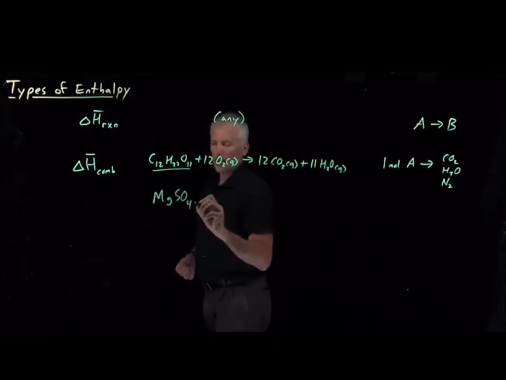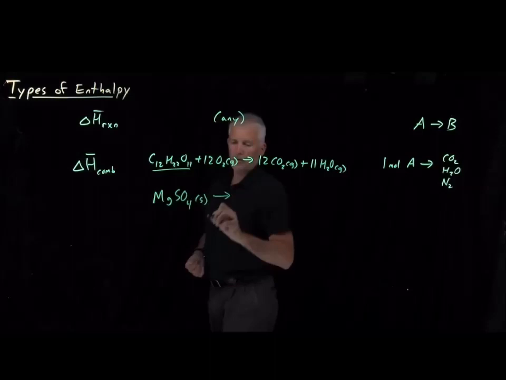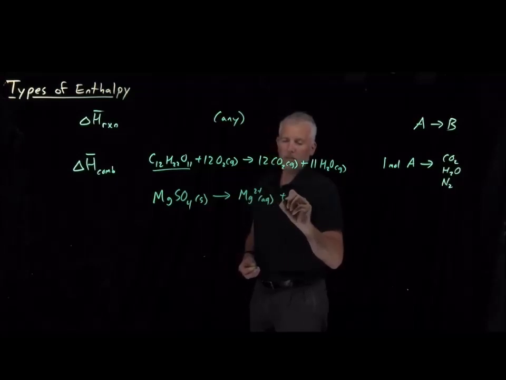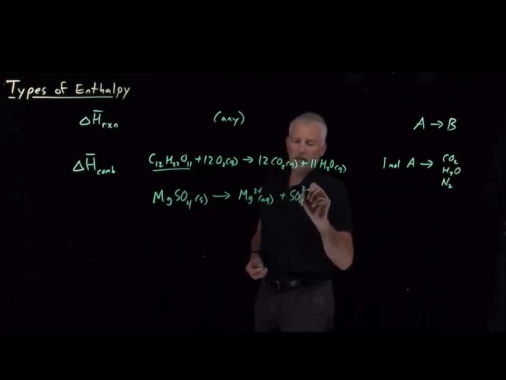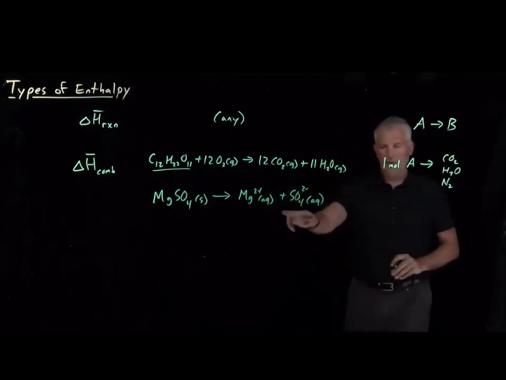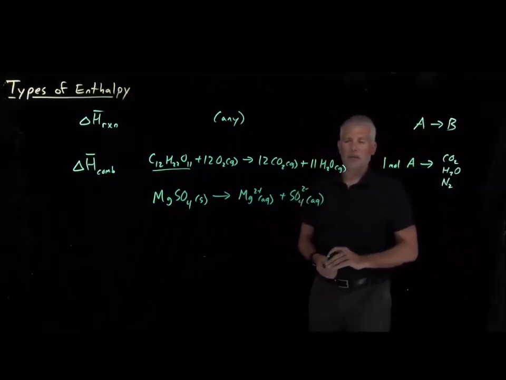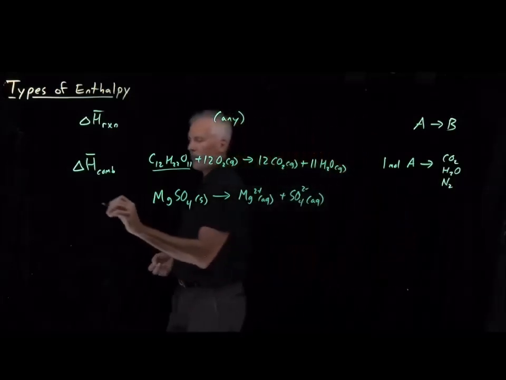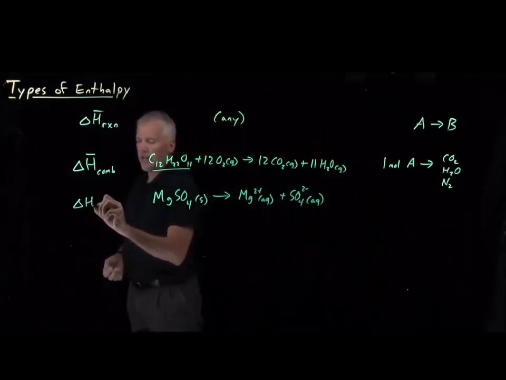We saw another example for the coffee cup calorimeter where we dissolved magnesium sulfate in water to form aqueous magnesium ions and sulfate ions, or whatever those perhaps recombine to form in an aqueous solution. If we wanted to give it a name, we could just call it delta H of reaction.